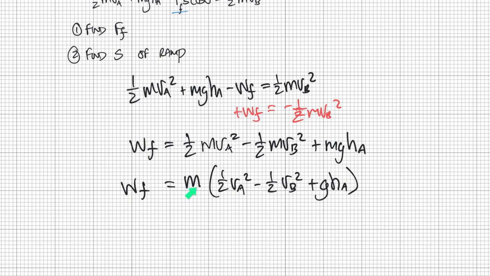Now, we know the mass, we know the two velocities, we know the height, right? So that's pretty straightforward. So now I'm going to write it as, okay, force of friction times the displacement cosine theta equals m 1/2 va squared minus 1/2 vb squared plus gha.